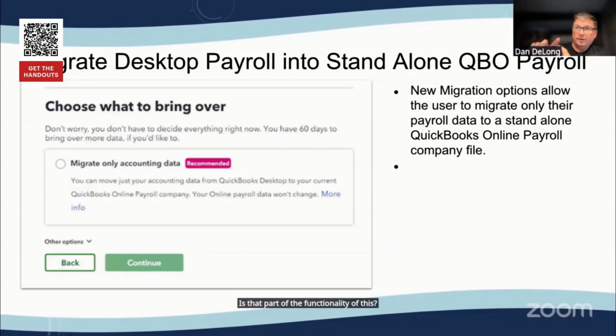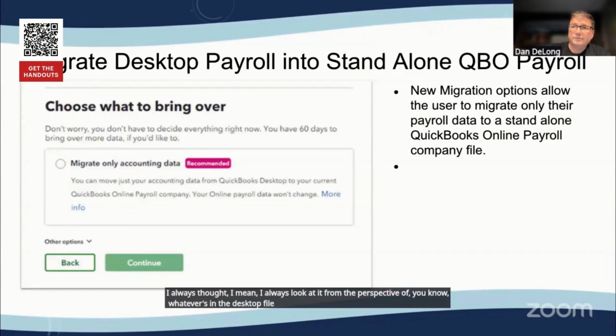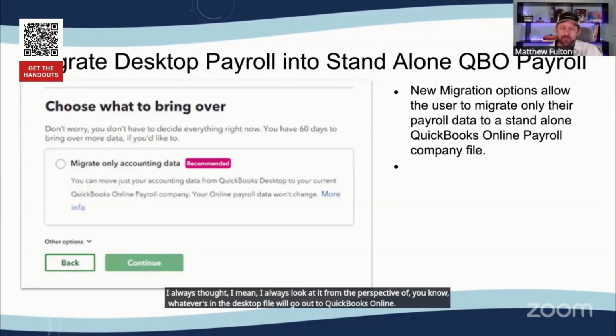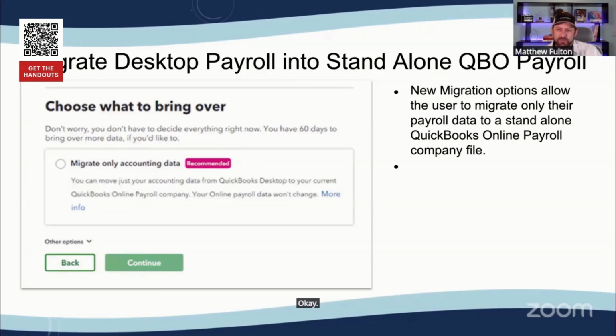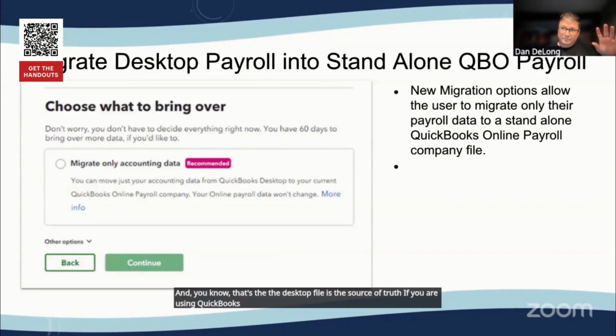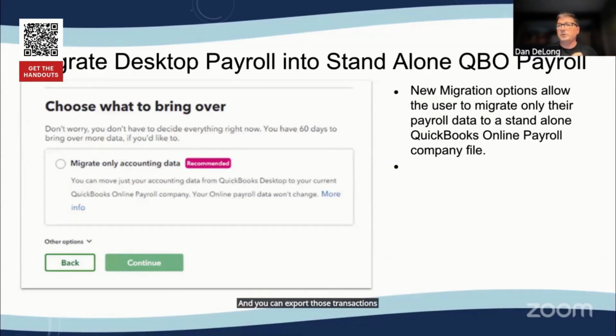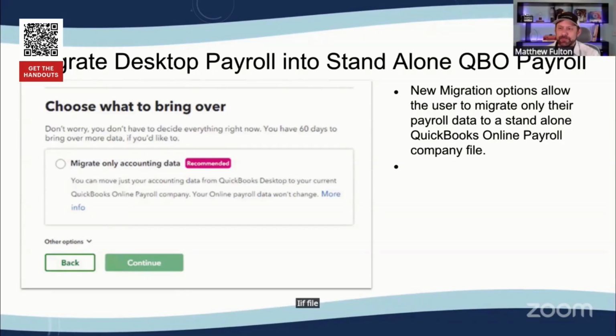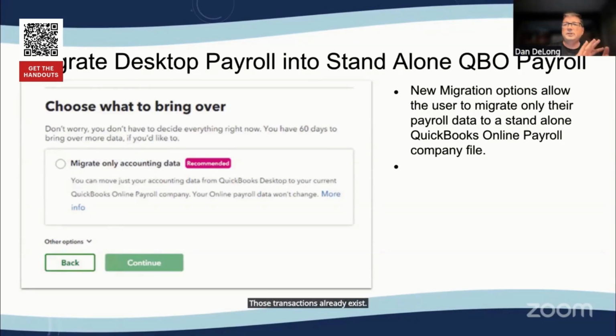I always look at it from the perspective of whatever's in the desktop file will go out to QuickBooks Online, and thus the desktop file is the source of truth. If you are using QuickBooks Online payroll with your desktop, which is a possibility, and you can export those transactions into QuickBooks Desktop, those transactions already exist, but the payroll's not set up.